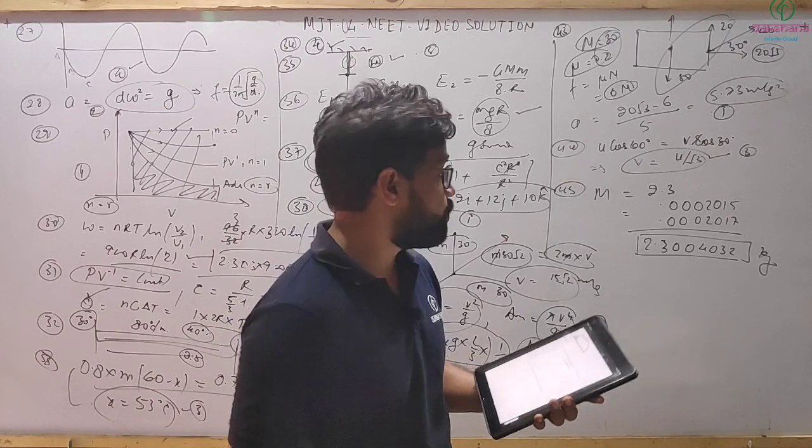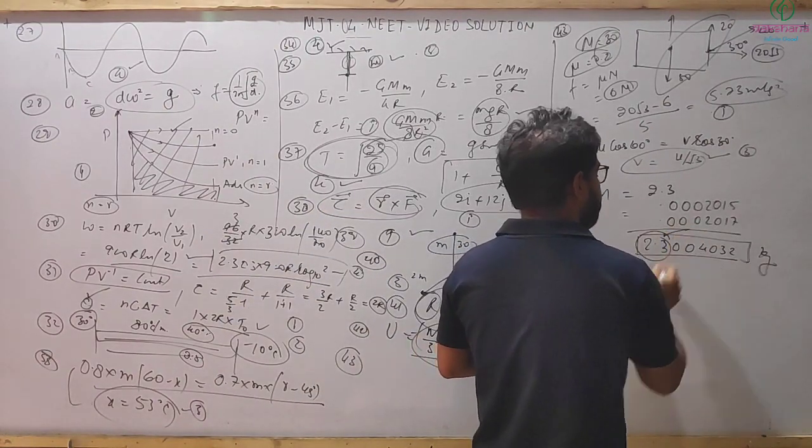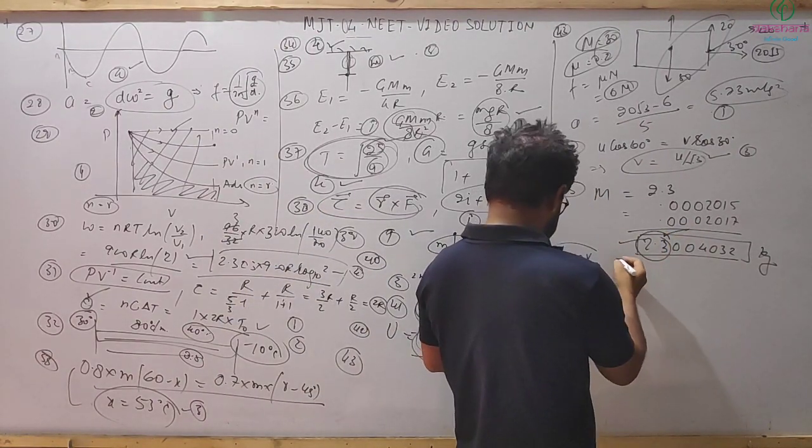The least is 2 significant figures, so the answer in 2 significant figures will be 2.3 kg. That's the answer, matching with option number 3.